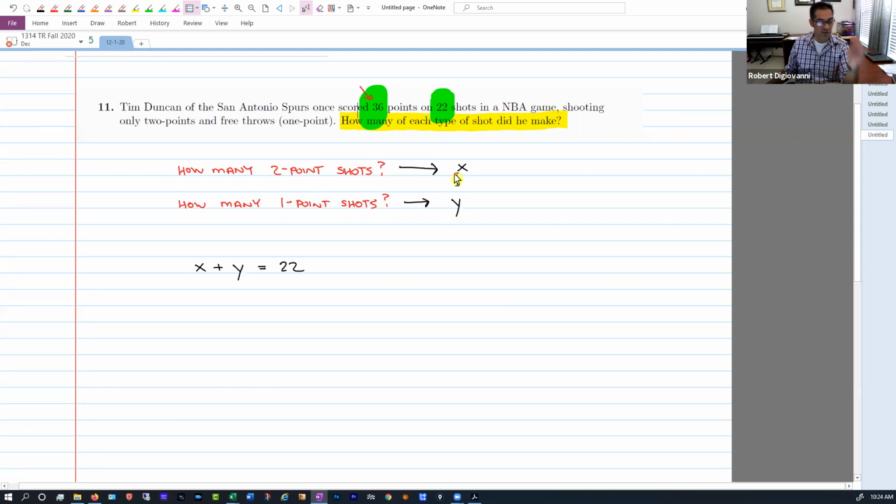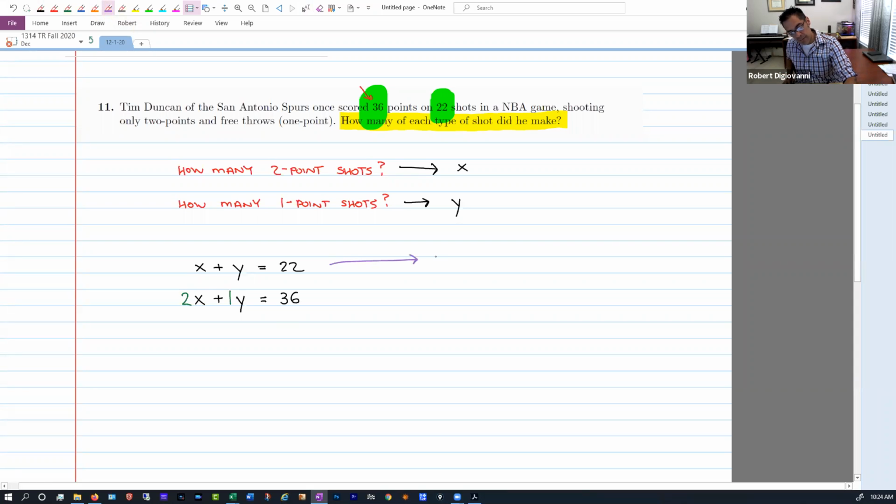Didn't he get 2 points for each of the X 2-point shots he took? So I put a 2 in front of the X because that's how many points he scored. You need to add that to the 1 point that he got for each of his 1-point shots, and that should equal 36. So you really have to think through this.